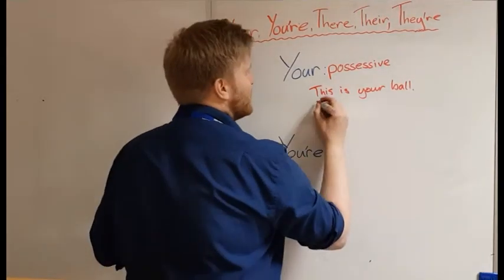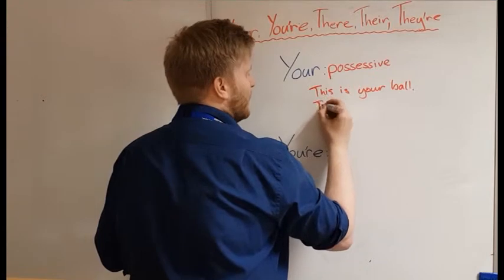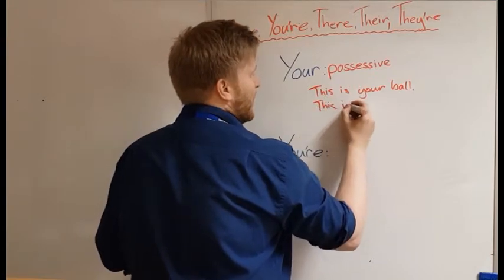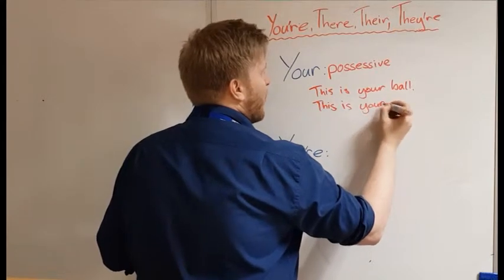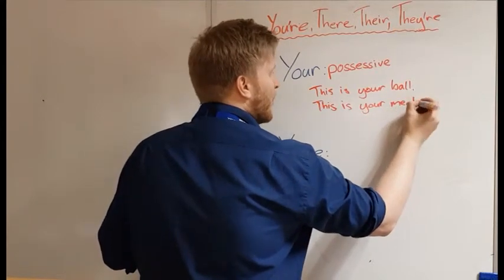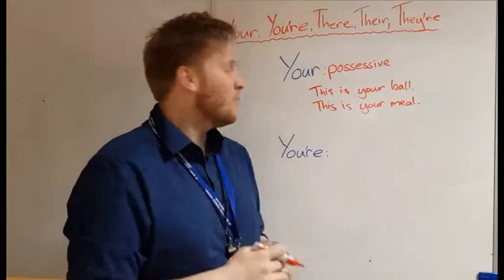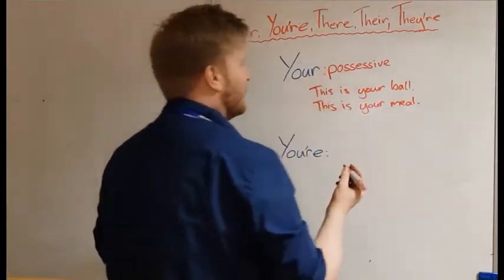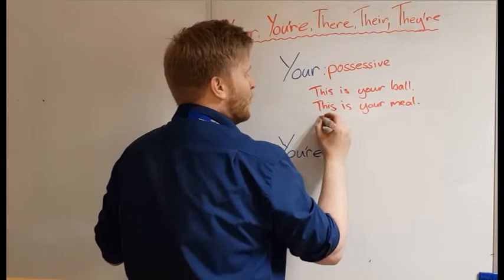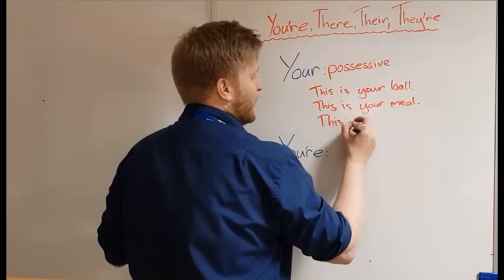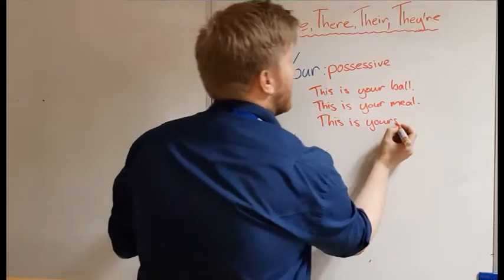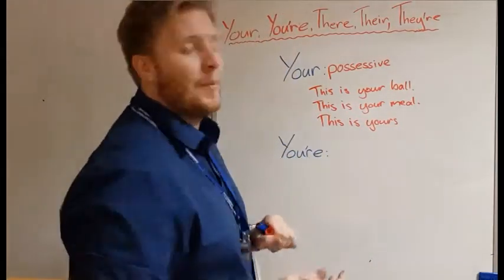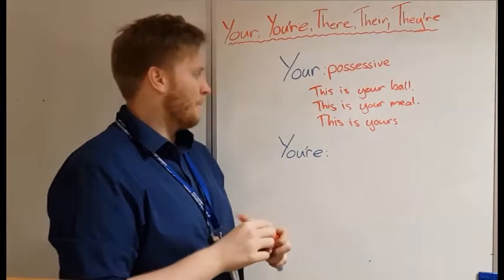We might say something like, this is your meal. Because we're saying the meal belongs to them. Sometimes we also have an S on the end as well. We could say, this is yours, okay? And that means that it belongs to someone, okay?